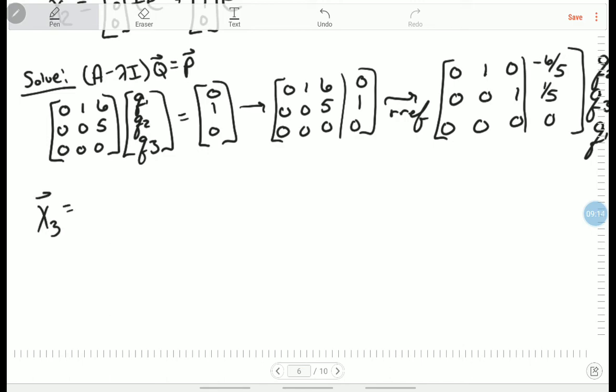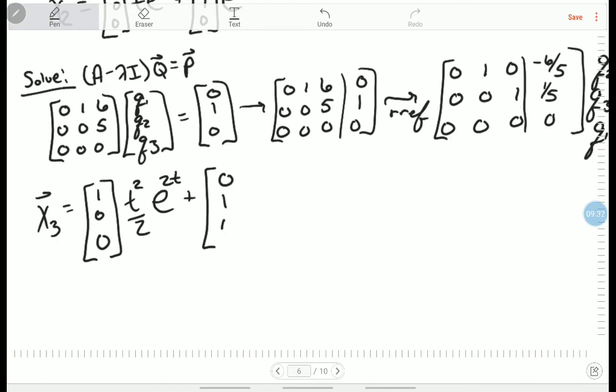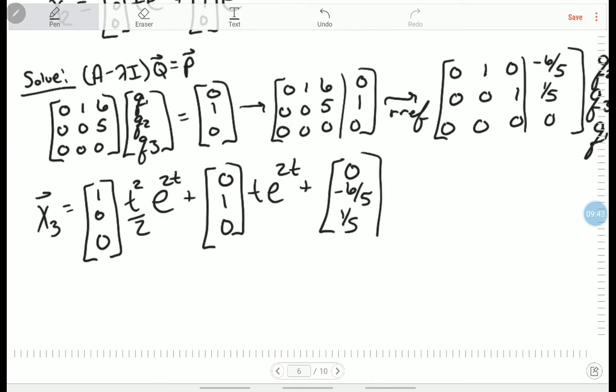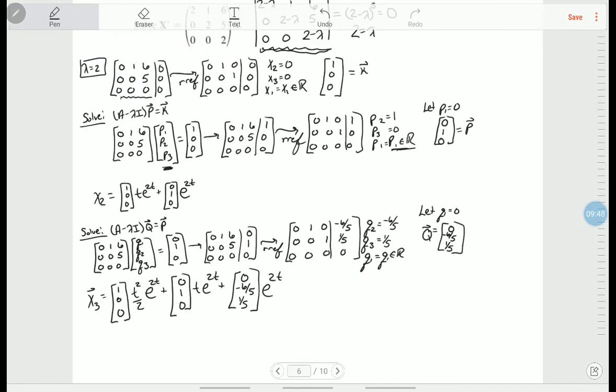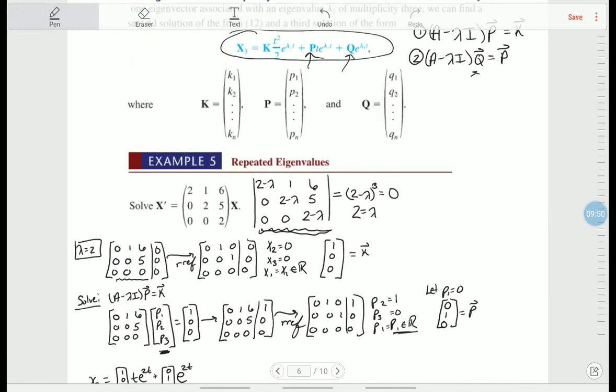So x3 is going to be our eigenvector times t squared over 2 e to the 2t plus our p t e to the 2t plus our q e to the 2t. And that format comes from this guy above. We're using that.